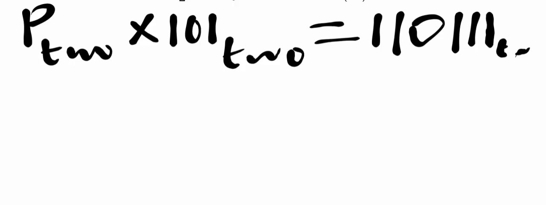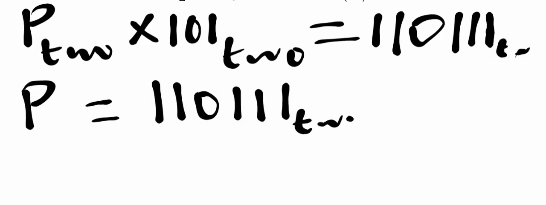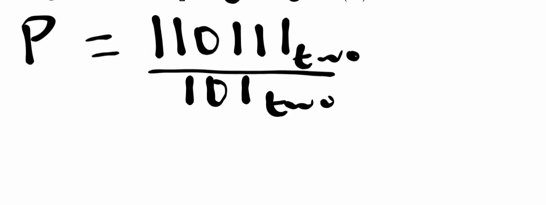When we look at this, P is multiplied by this on this side. So to get P, we can divide both sides. We can say P in base 2 will be equal to 110,111 base 2 divided by 101 base 2. So that's the first step.